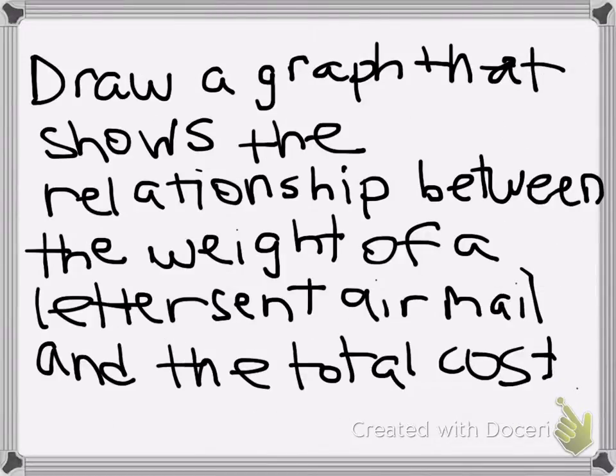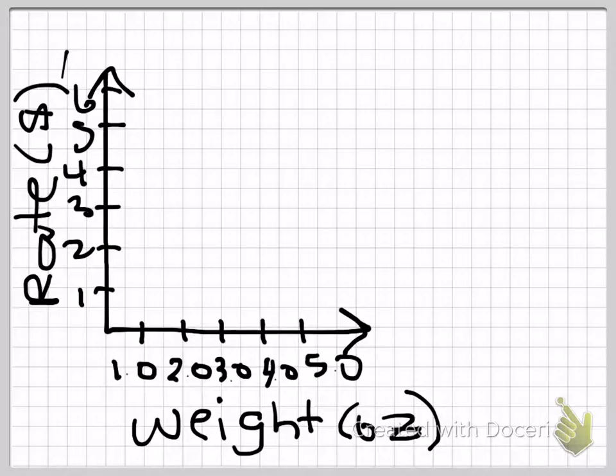Here we're asked to draw a graph that shows the relationship between the weight of a package or a letter sent by airmail and then the total cost. So if you think about it, we talked about how the cost is going to depend on the weight. So that would help us create our graph. You have the weight as your x and your rate as your y.